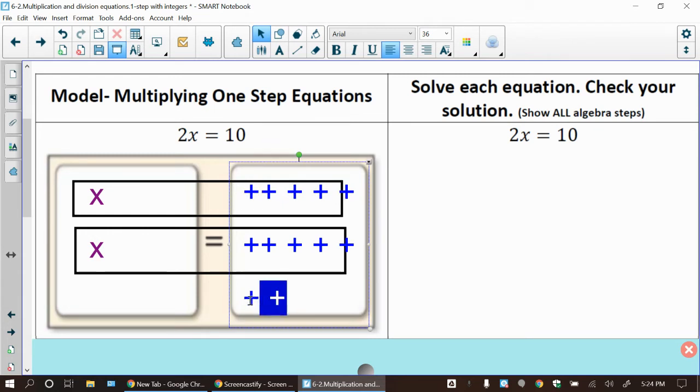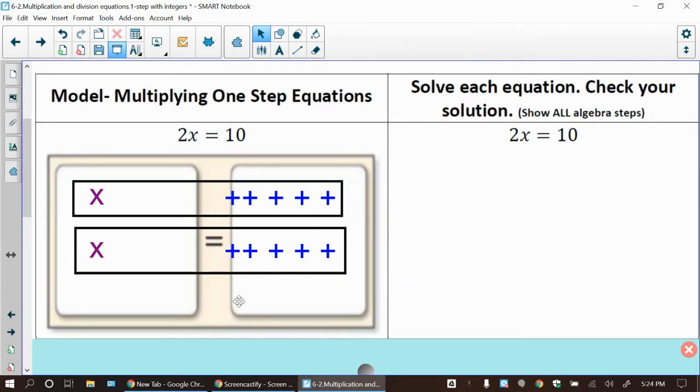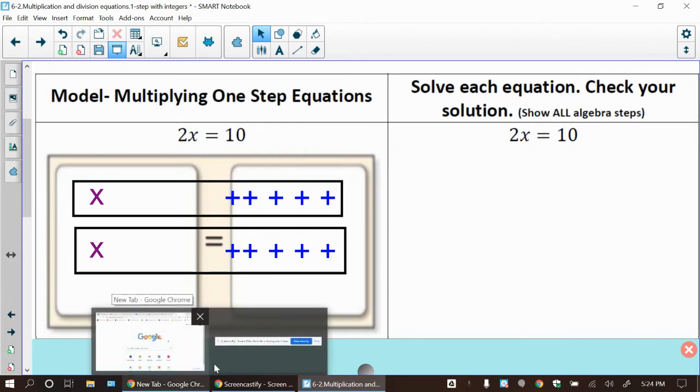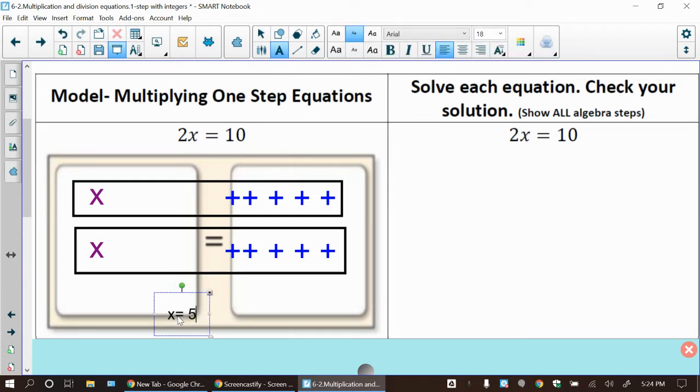And then I'm going to delete these. It makes it easier if you already have it all split up, because then you can tell how many go with each x. So then if I count, I have 1, 2, 3, 4, 5. I have 5 that represent each x. So we would say that we do know that x equals 5.